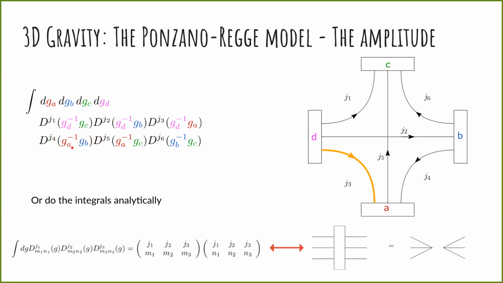Okay, how do we do the integrals analytically? Well, we know that the integral of the product of three Wigner matrices in three different representations is given by the product of two 3J symbols. Remember, these are essentially Clebsch-Gordan coefficients. Or if you want graphically, we represent the integral of this group element here.